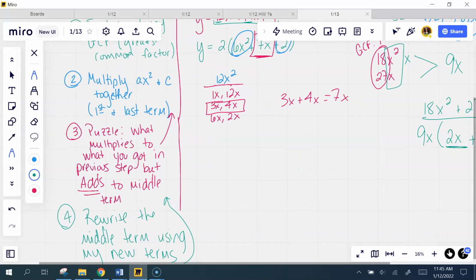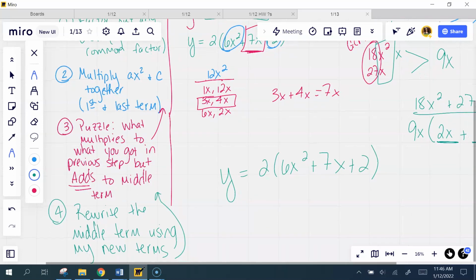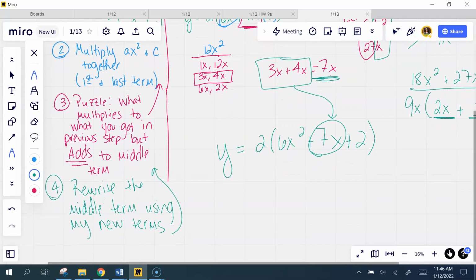Well, remember, here's my original after I took out that GCF. Instead of writing this as 7x, I can write it as 3x plus 4x, and that's the same thing. I said that it equals 7x, and it does, so I'm going to rewrite it. So it's going to become 2 times 6x squared, and I'm going to take this 7x and write it as 3x plus 4x plus 2.